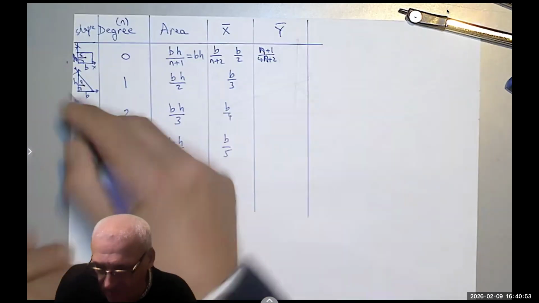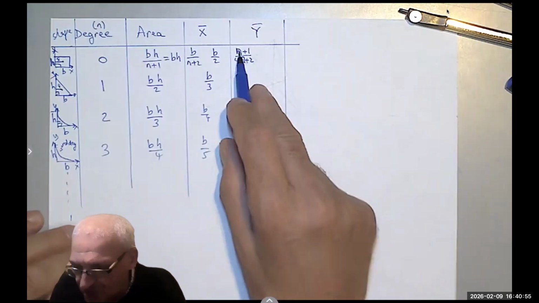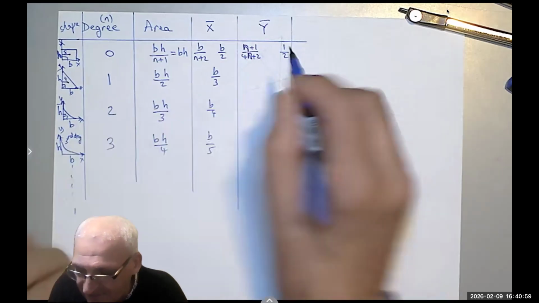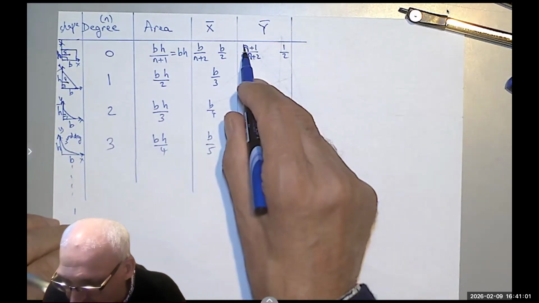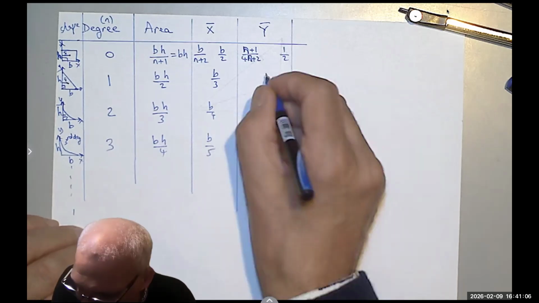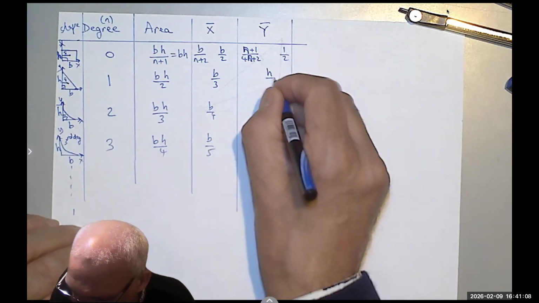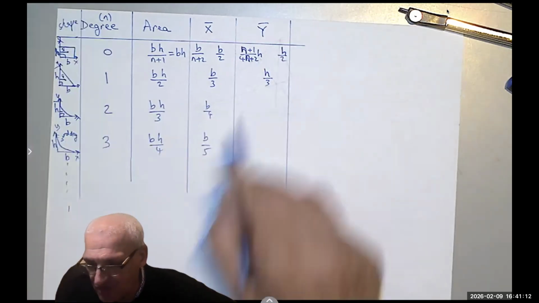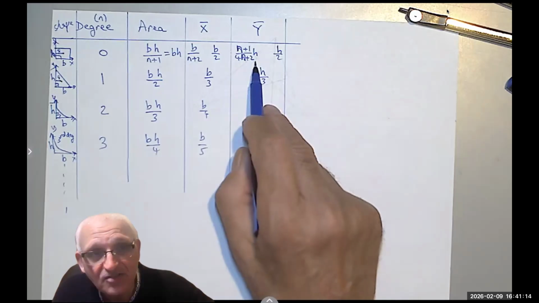N, since we used N. So if N is 0, you get 1/2 for a rectangle, right? But if N is 1, you get 2 over 6. But 2 over 6 is simplified as 1 over 3. And this is of course times H. Okay, so n plus 1 over 4n plus 2.